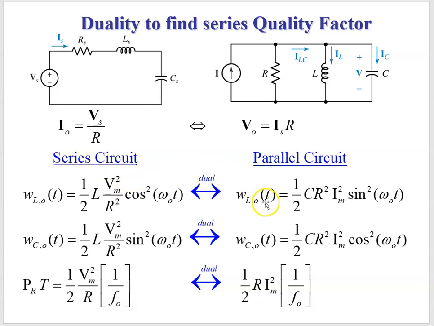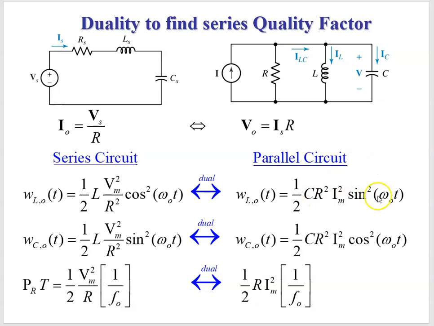So for our parallel RLC, we had that our energy in the inductor was equal to 1/2 C R squared Im squared sine squared omega naught t. Well, that's supposed to be our 1/2 L IL squared.